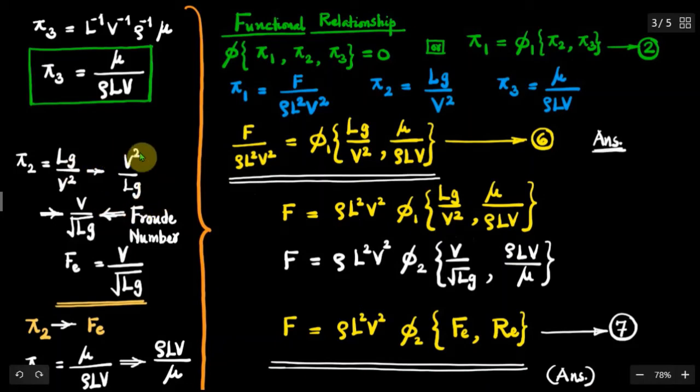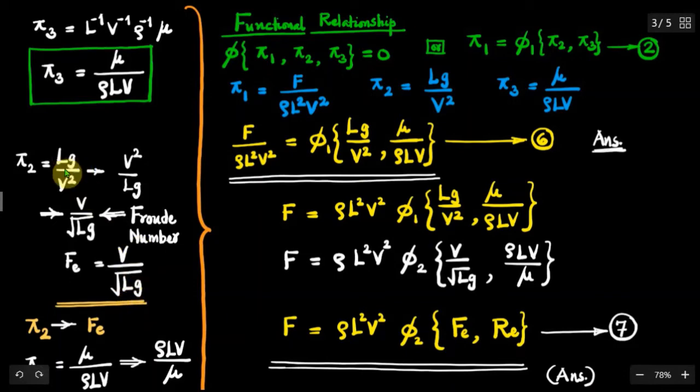And if you take the square root of that, you will get V by root of Lg. We already know that it is a very prominent dimensionless number in fluid mechanics where the gravitational forces are predominant. So this number can be applied in the flow context where free surface flow and gravitational forces are predominant. So this Froude number is equal to V by root of Lg.